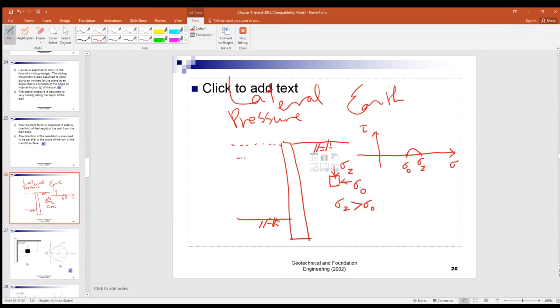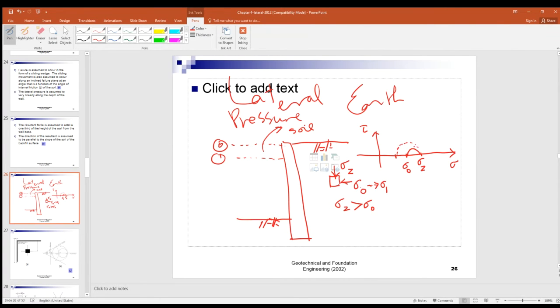Now, after we remove, say, stage 1, when you remove the soil out of the site, in other words, you are doing an excavation, what will happen to the sigma 0? It will become smaller, right? So sigma 1, which is smaller.